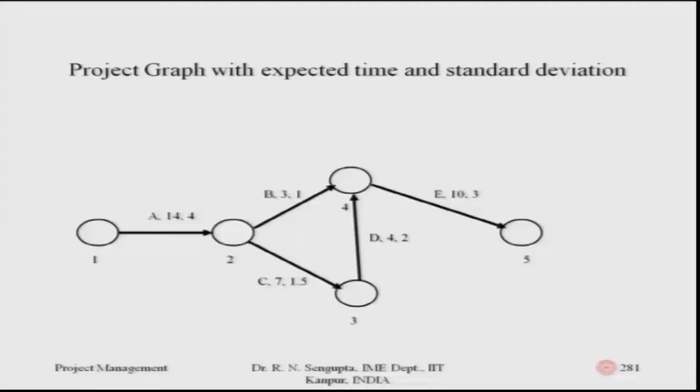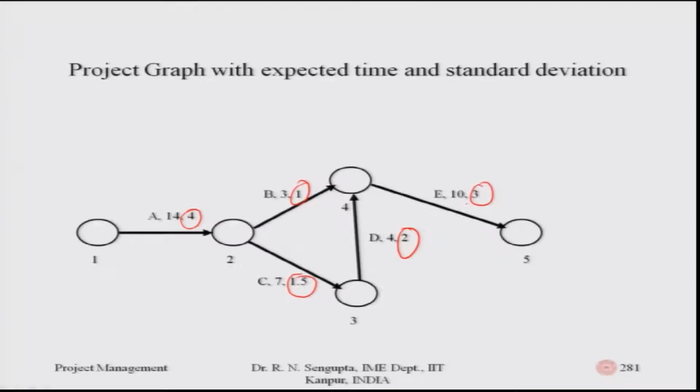Again, the important assumption is that the activities are independent of each other, hence you add up the variances, not the standard deviations. Consider the graph, which is exactly the same; the only thing added in this case is these numbers.